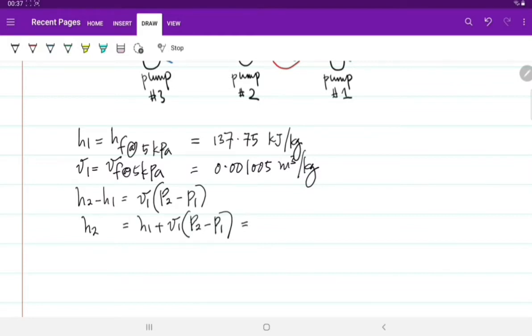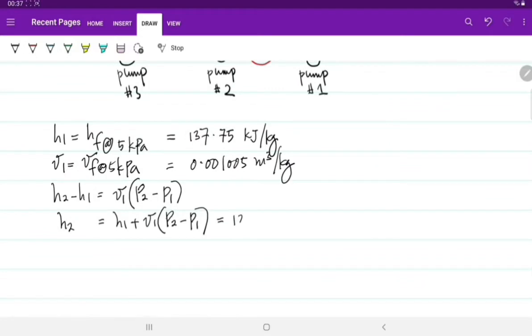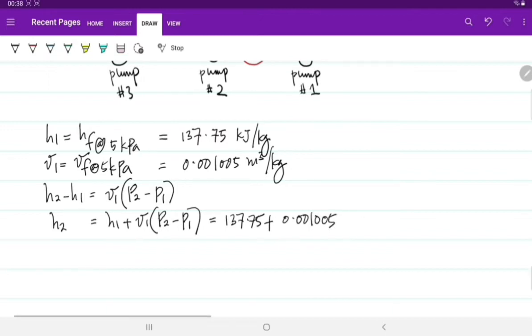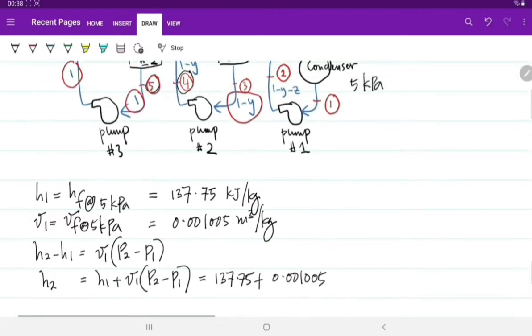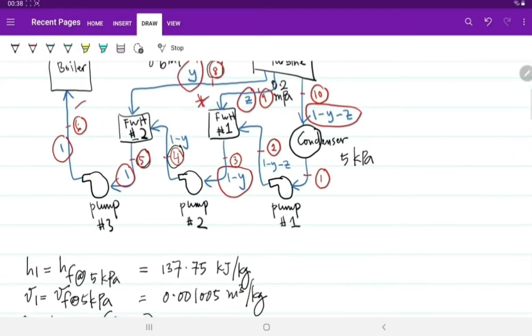I can just substitute the numbers: 137.75 plus specific volume 0.001005 multiplied by P2 minus P1, pressure at 2 and pressure at 1.